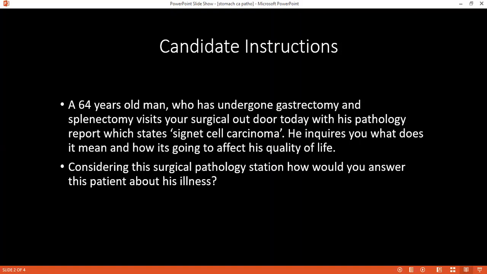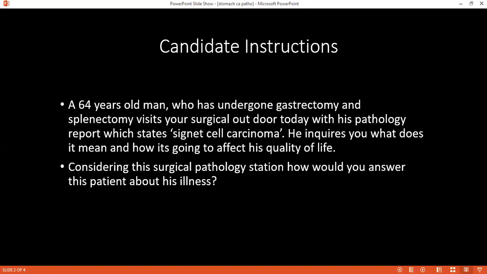In early complications, there will be hemorrhage, infection, anastomotic leak, pancreatitis and cholecystitis. In late complications, there will be dumping syndrome, vitamin B12 deficiency, metabolic bone disease, and there will be recurrence.